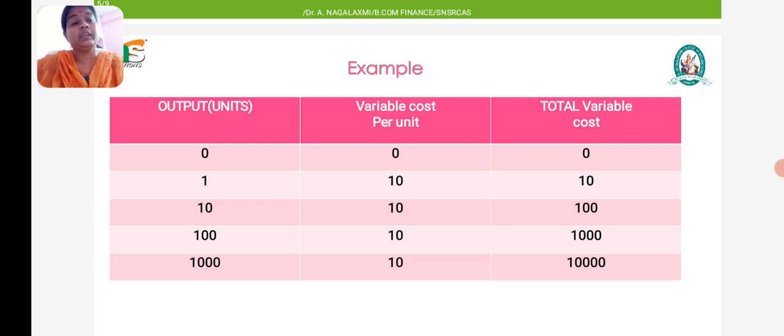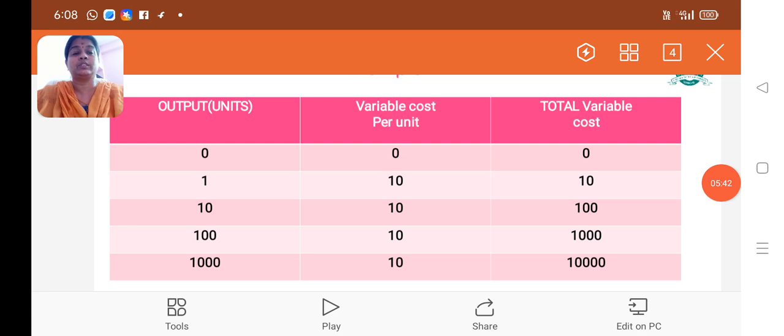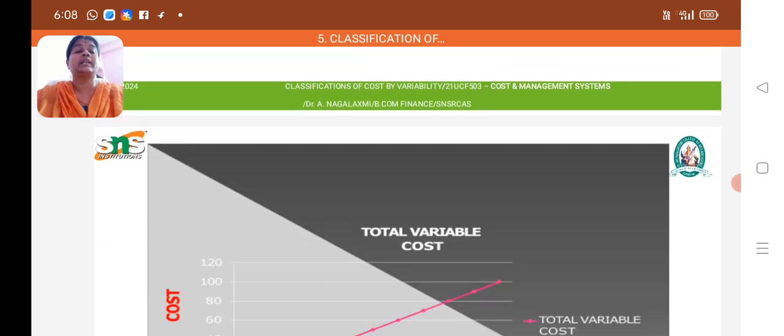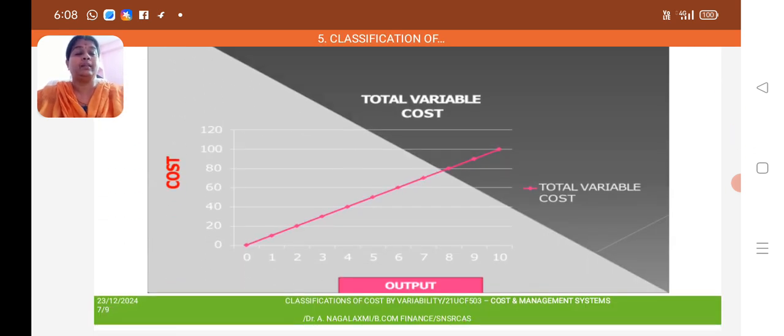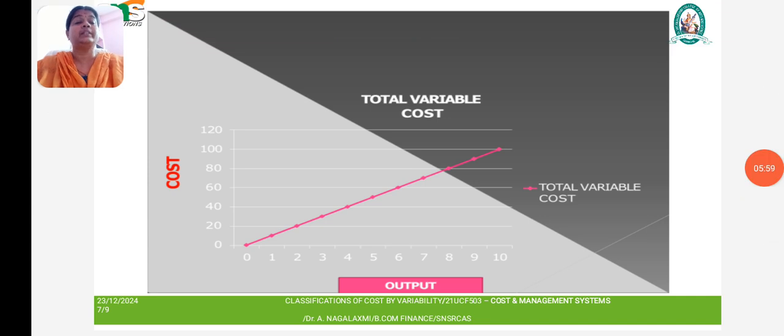So here with this example, the variable cost is dependent on the production output. So the total cost will be based on output. That is said to be total variable cost, and this is the example for it. This is a chart of that.